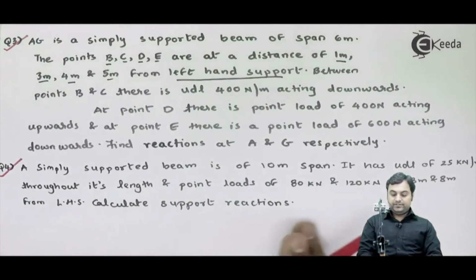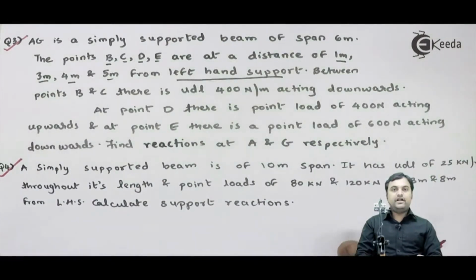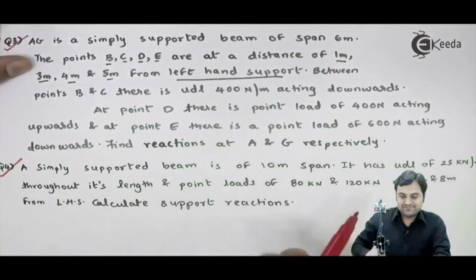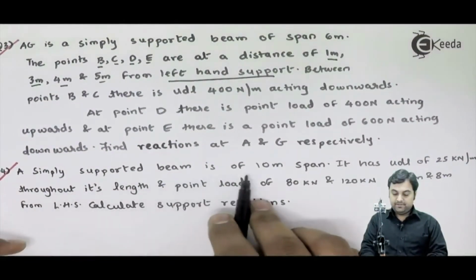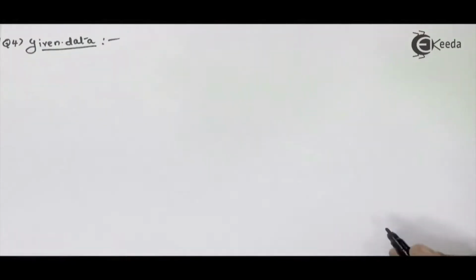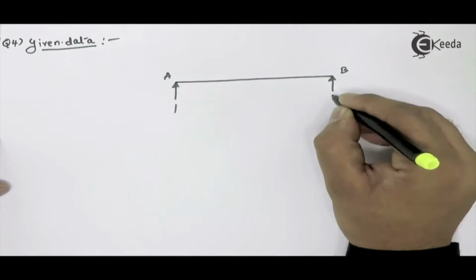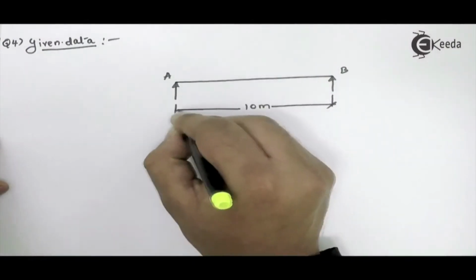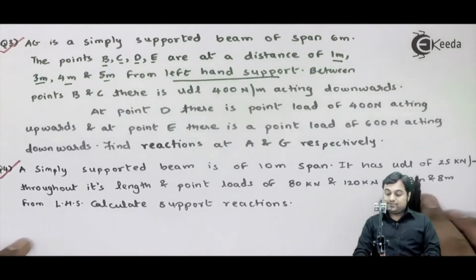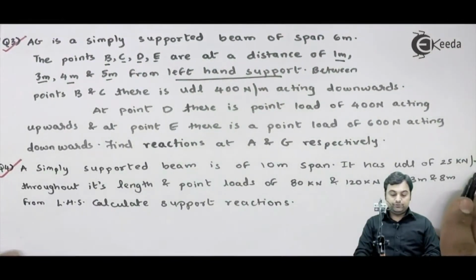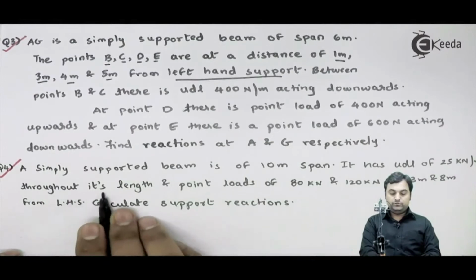Now whatever is given in the problem, with the help of that we will draw the diagram first. A simply supported beam is of 10 meter span. Next, it has UDL of 25 kilonewton per meter throughout its length.